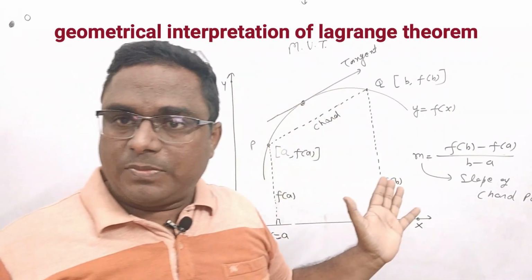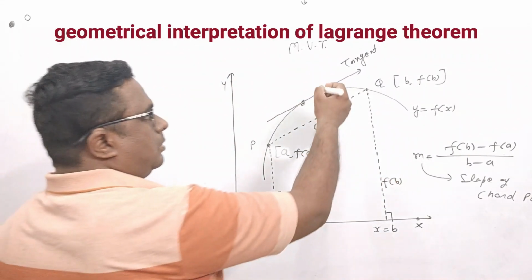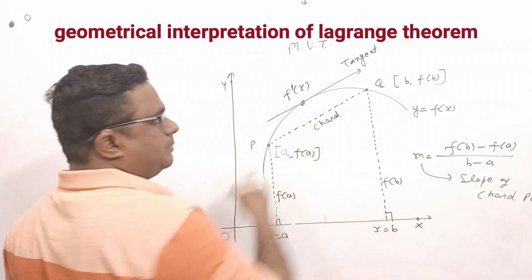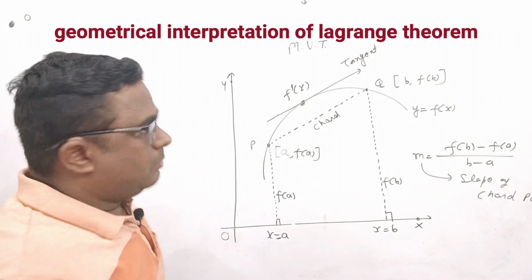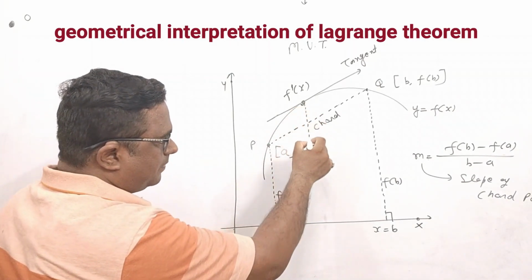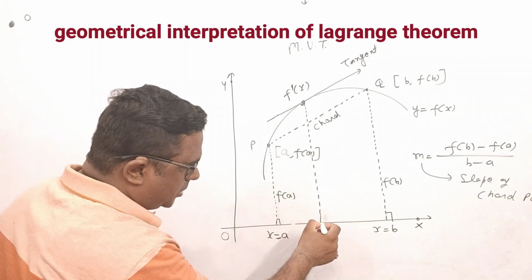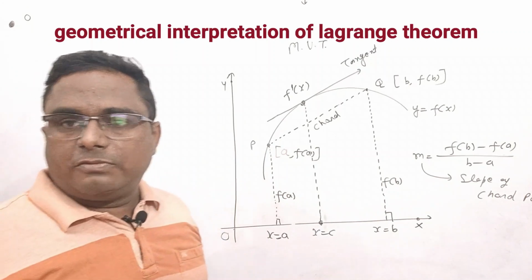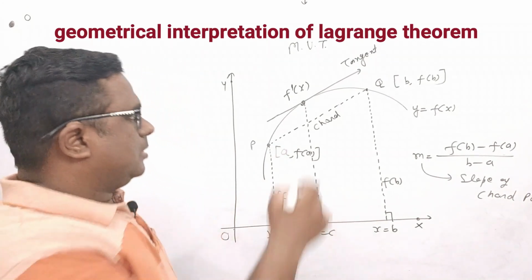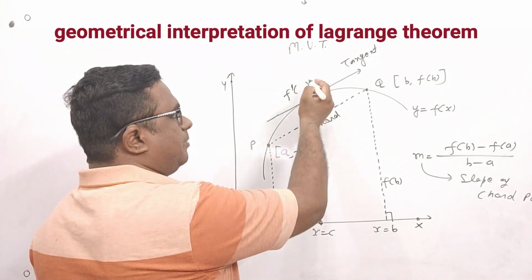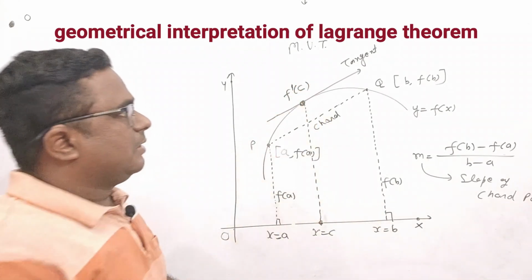All right. The slope of the tangent is denoted by f dash x in general. But if I take a particular point, suppose at this point the value of x is c, then the slope of the tangent at this point will be denoted by f dash c.